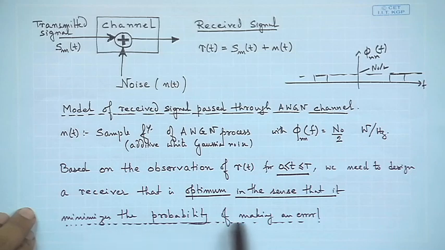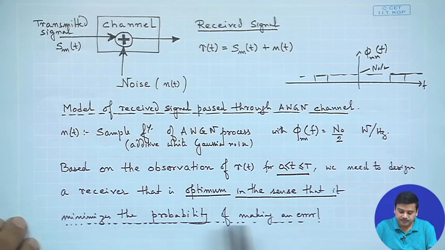It cannot create a third entity which is neither 0 nor 1. So it will choose either 0 or 1. If the input bit was 1 and it chose 1, it is correct, otherwise it is an error. So for the receiver, it makes sense to define the optimality criterion in terms of making an error in the decision. You want to minimize the chance of making an error.